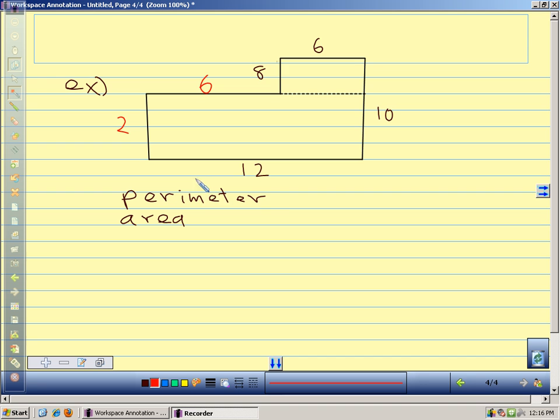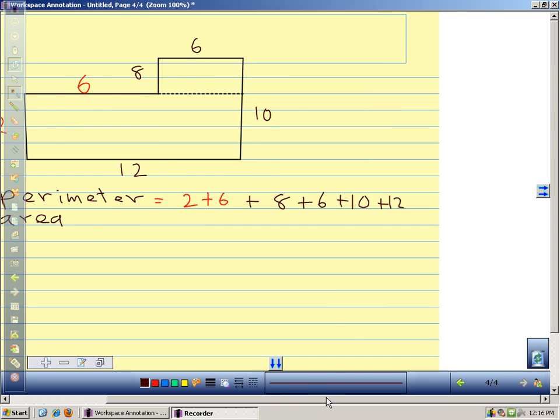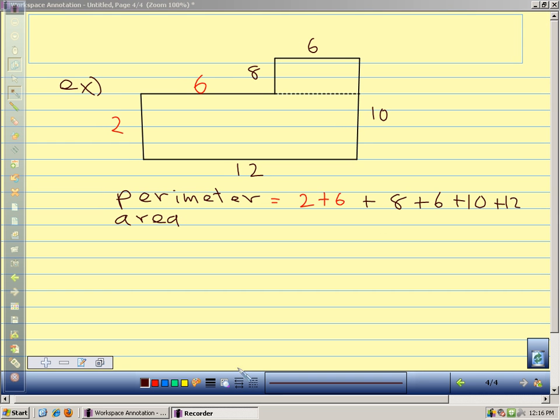Now we can find our perimeter. Our perimeter is going to be 2 plus 6. We have all the outside parts now. Plus 8 plus 6, I'm going around clockwise. Plus 10 plus 12. And if we add all those together, we get 2 and 6 is 8. 8 and 8 is 16.